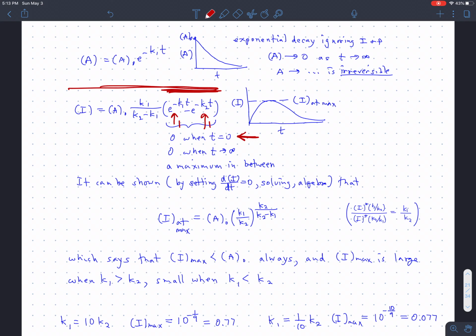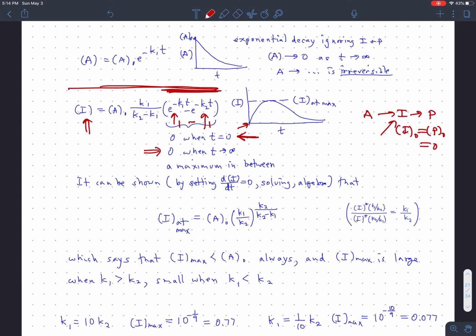That exponential right there is also a 1. 1 minus 1 is 0, and so the intermediate concentration is 0 at time 0, as of course has to be the case, because if we start with A and then go to I and then go to P, and there's no I0 to start with and there's no P0 to start with, then I has to be 0 at time 0, and that's what we're seeing in the formula.